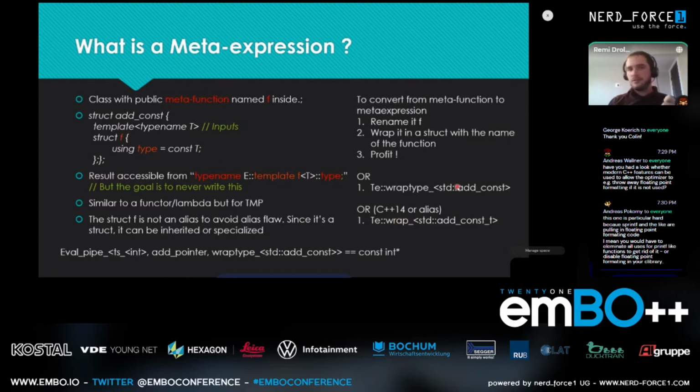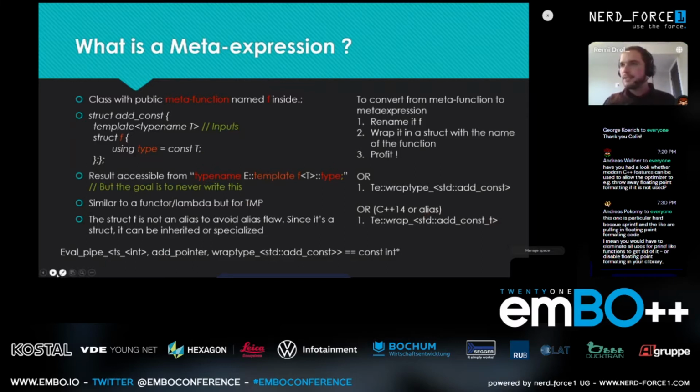If it's, for example, type traits, like std add_cons, you have to wrap it to have the result. I have to wrap it and then get the type. So that's why I call it wrap_type. And with wrap std add_cons t, immediately that I wrap it, with the type int, it will immediately get the int pointer. So if I get the type, int pointer doesn't contain the type.